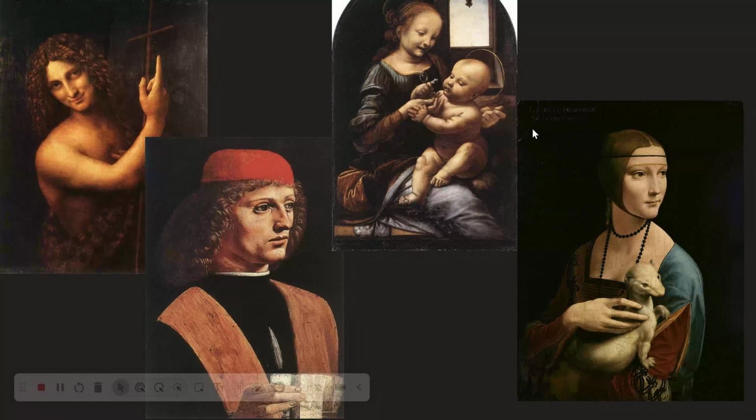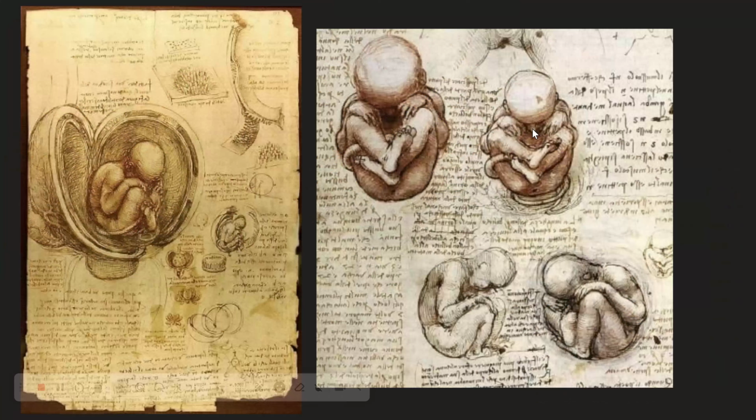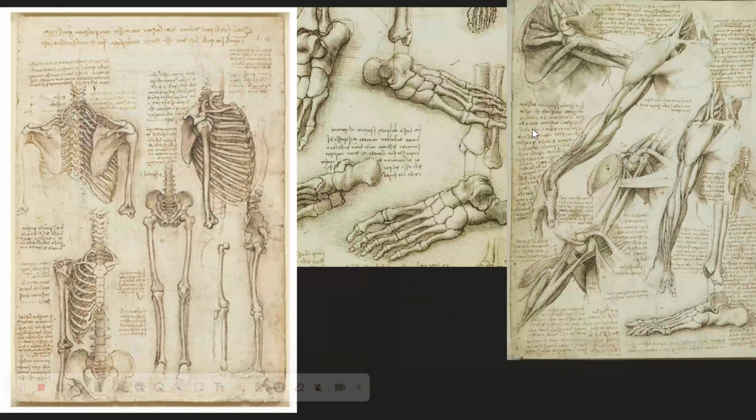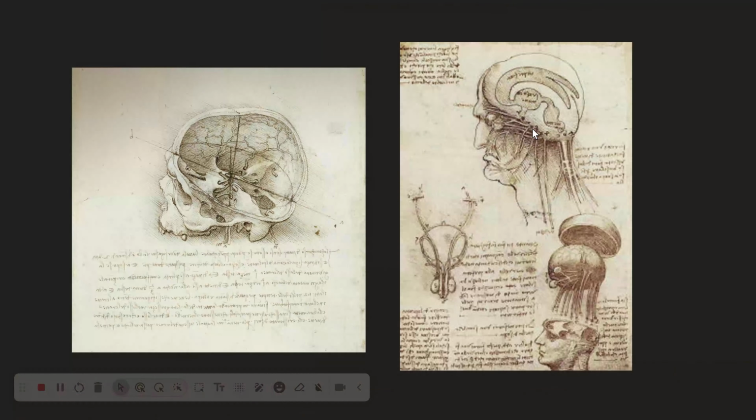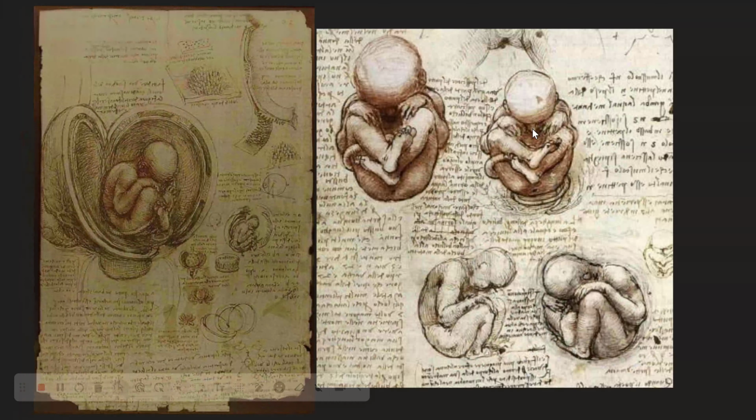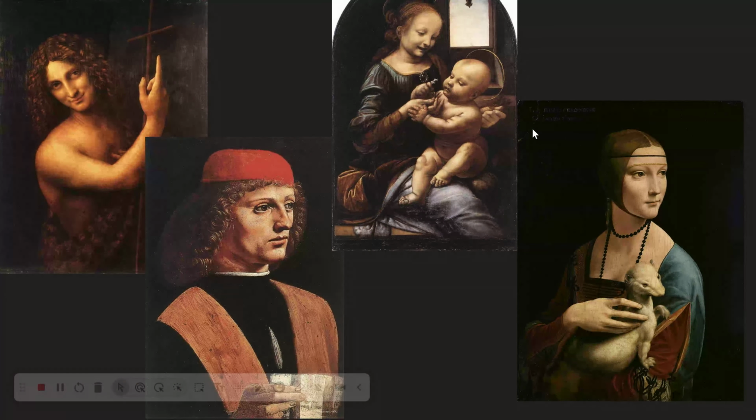In order to paint portraits accurately, Da Vinci believed that he really needed to understand what was happening underneath. Although I think that's true, I don't think it needs to be this extreme where we're dissecting people. But I think it is important to know our anatomy in order to correctly draw a person.